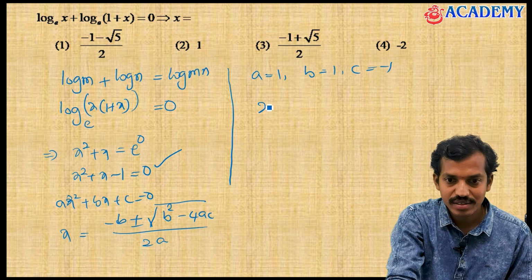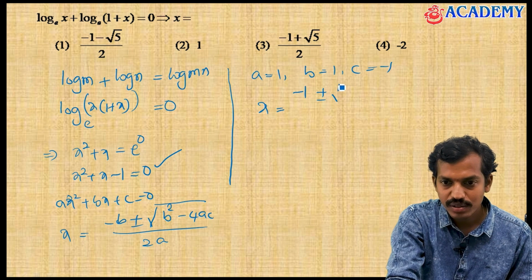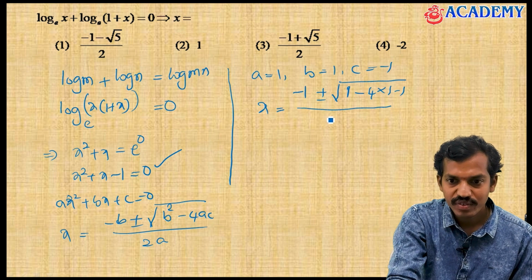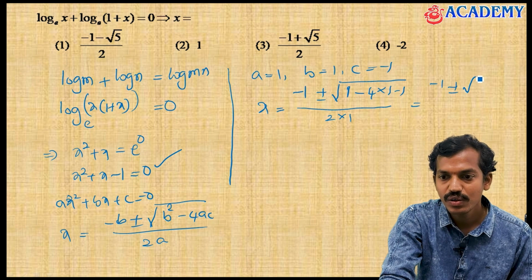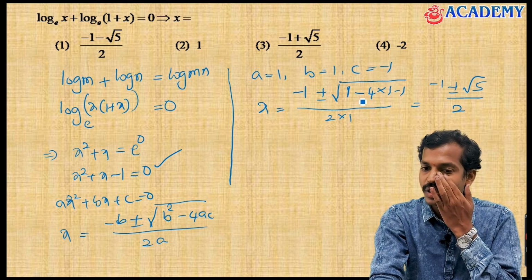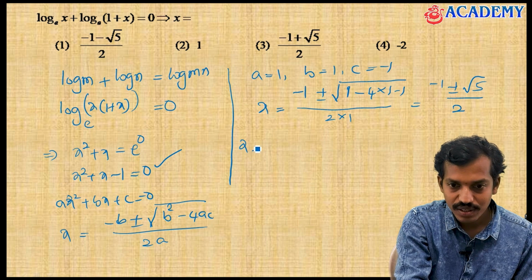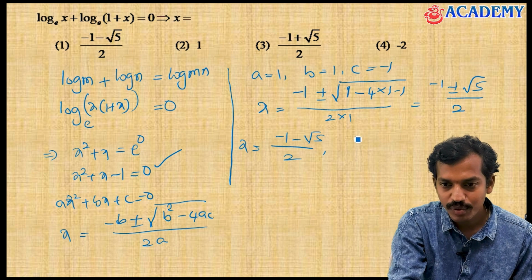So x equals minus 1 plus or minus root of 1 minus 4 into 1 into minus 1, divided by 2 into 1. What you are getting is minus 1 plus or minus root 5 divided by 2, because 1 plus 4 is 5. The x values are minus 1 minus root 5 divided by 2, and minus 1 plus root 5 divided by 2.